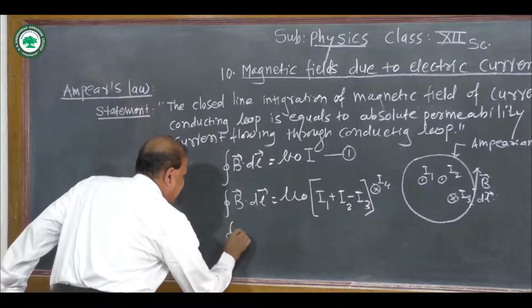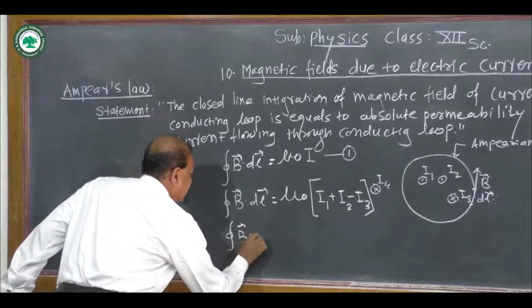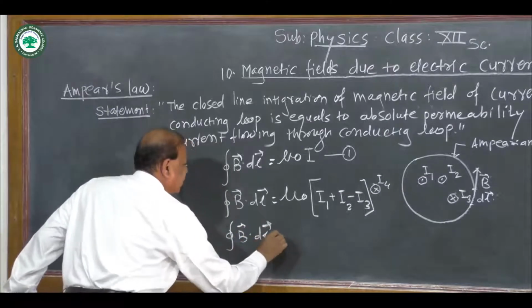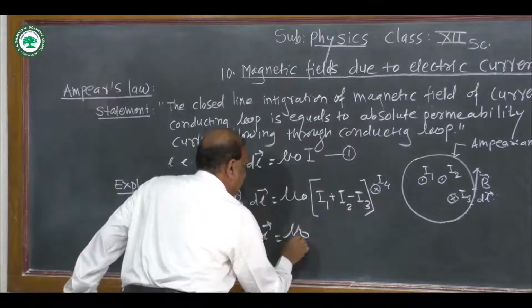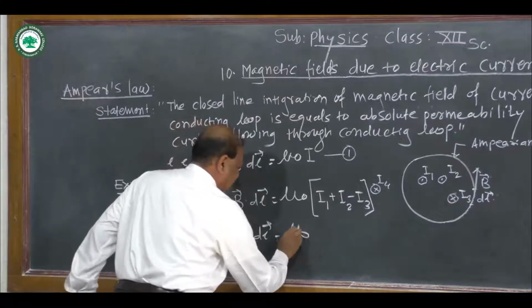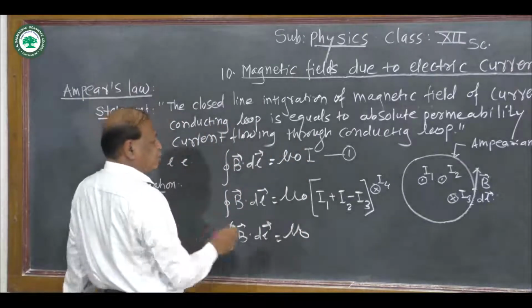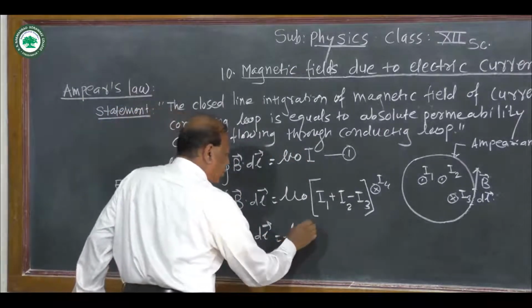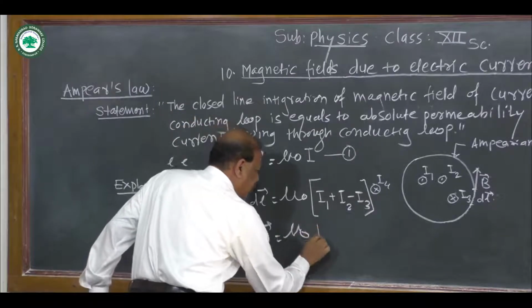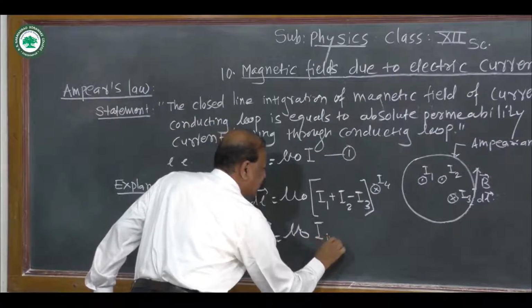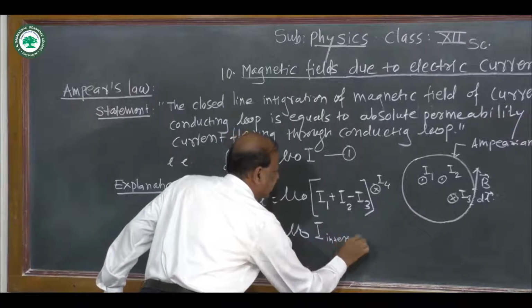closed line integral of B dot dl is equal to mu 0, that absolute permeability mu 0 times the current which is the interior current.